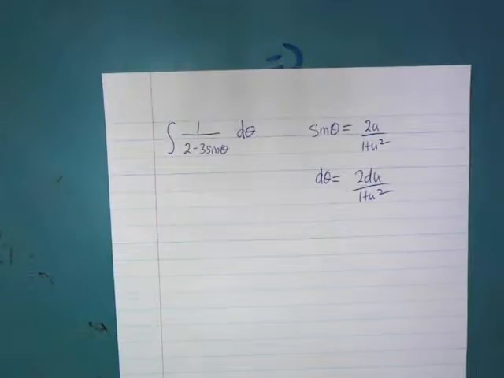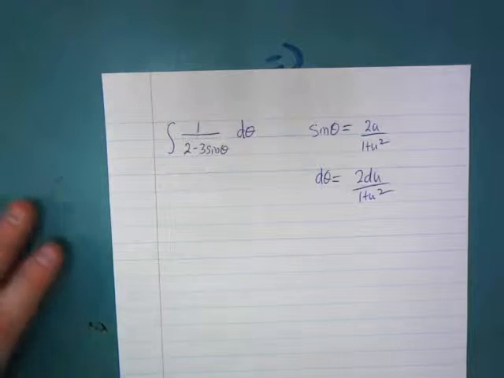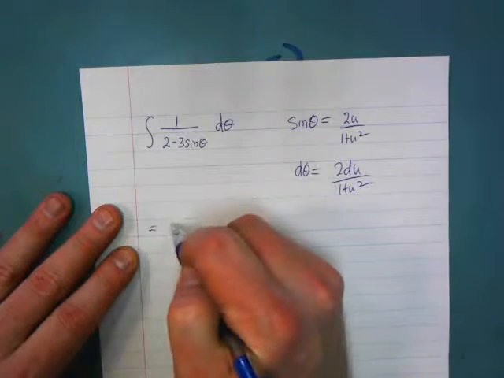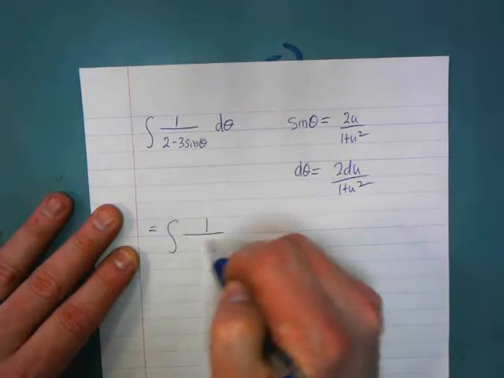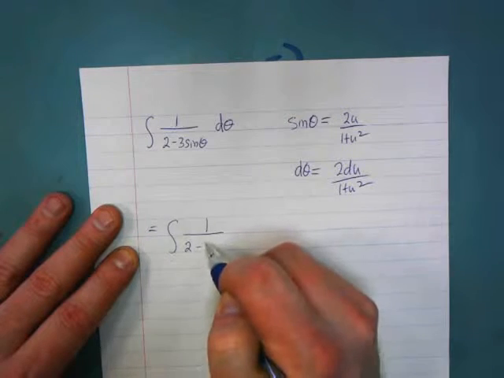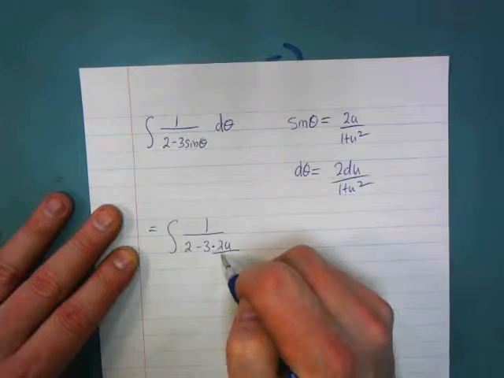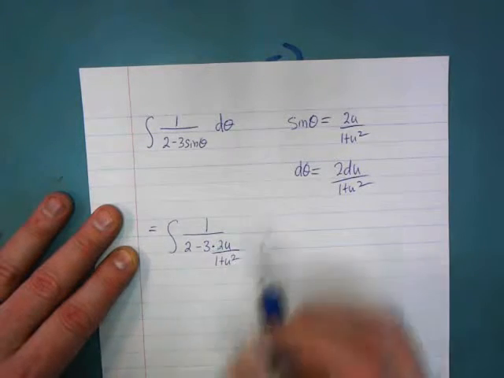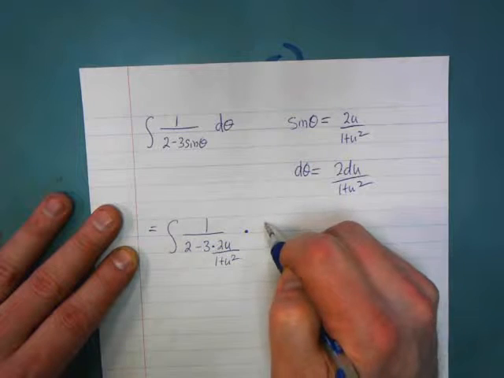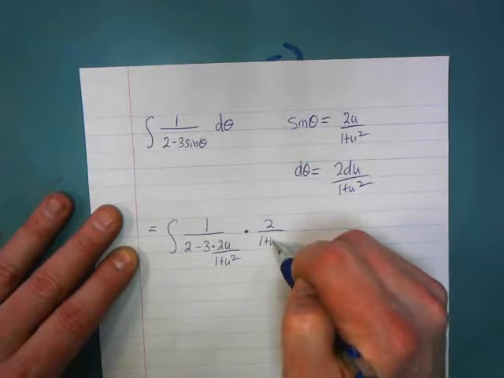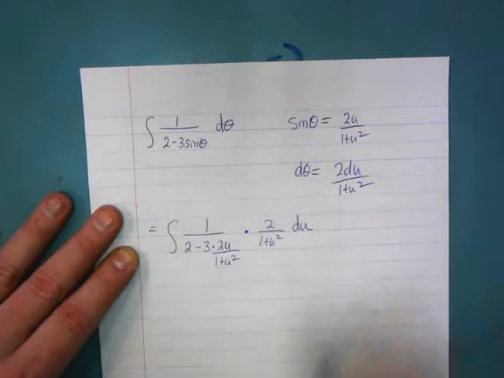So for this problem, there's our two substitutions. There's no cosine for this problem, so we don't need to substitute for the cosine. Let's see what happens. We get the integral of 1 over 2 minus 3 times 2u over 1 plus u squared, times 2 over 1 plus u squared du.